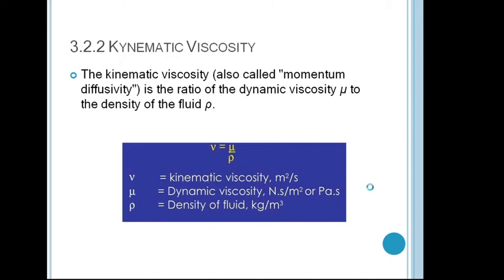Dynamic viscosity is denoted by mu having units Newton second per meter square or Pascal second, and rho is the density of a fluid or mass density of a fluid, units kg per meter cube.